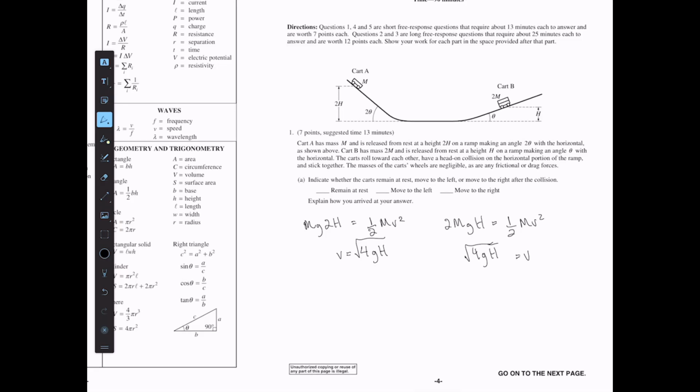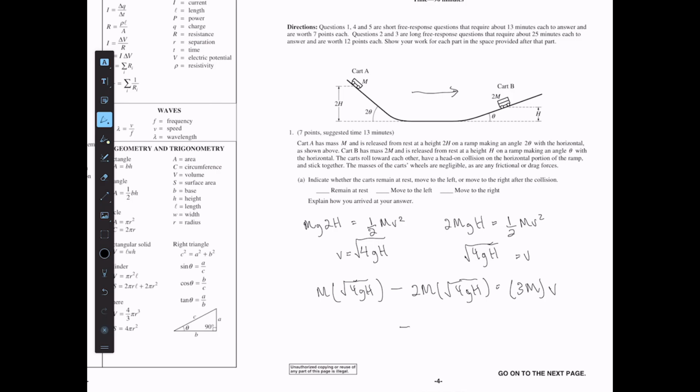So for the initial velocity, let's take right as the positive direction. So m square root of 4gh minus 2m square root of 4gh equals, since they stick together, their combined mass is 3m times v.